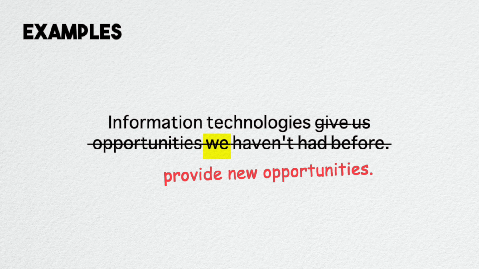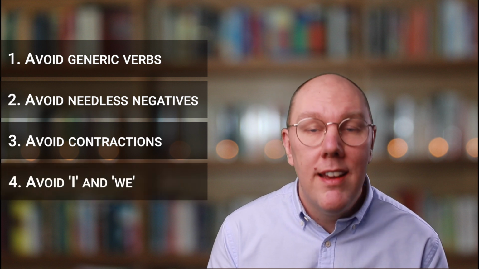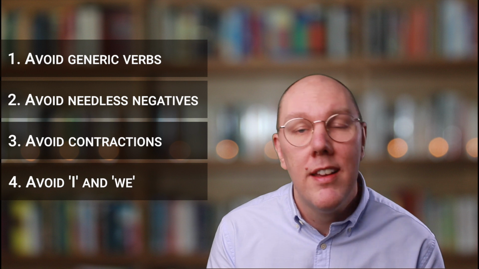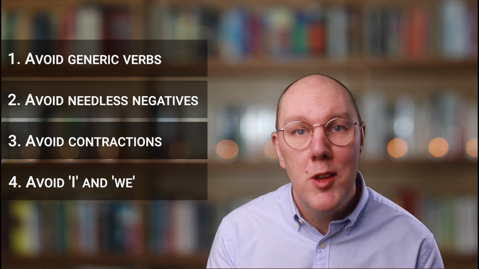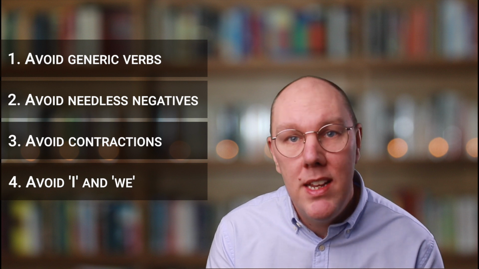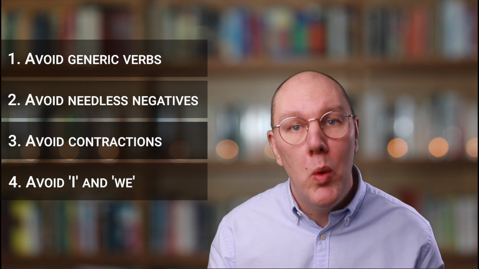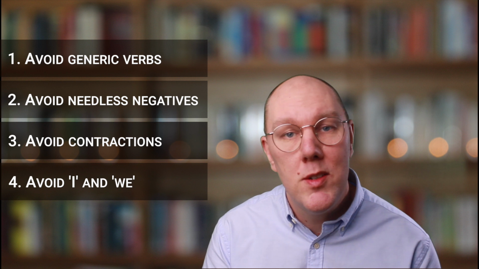And we also eliminate the other informalities there with the negative and with the use of haven't had, these generic verbs. So avoid using I and we unless you're explaining what you, the authors or author, did as part of the research methods of the paper. So don't use I to express an opinion, and don't use we as the kind of global we to talk about we, the people, humanity. Find another way to express that.